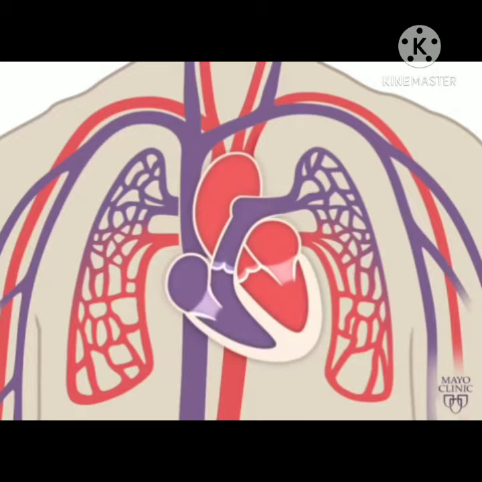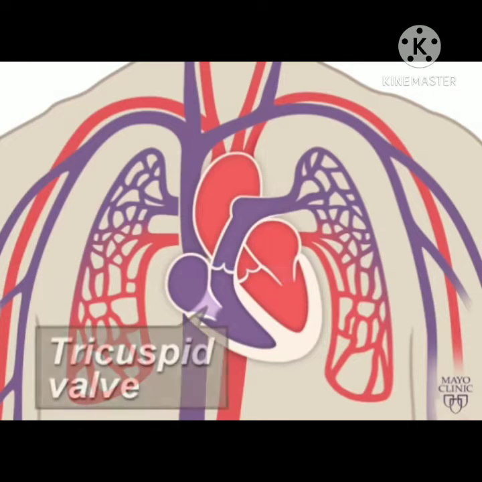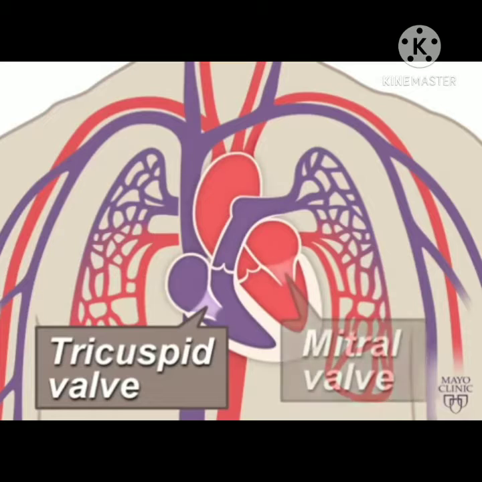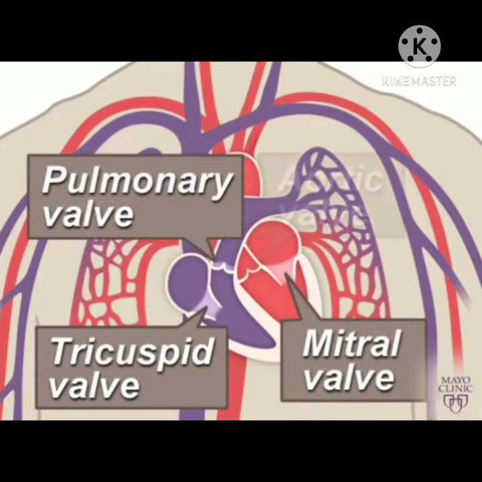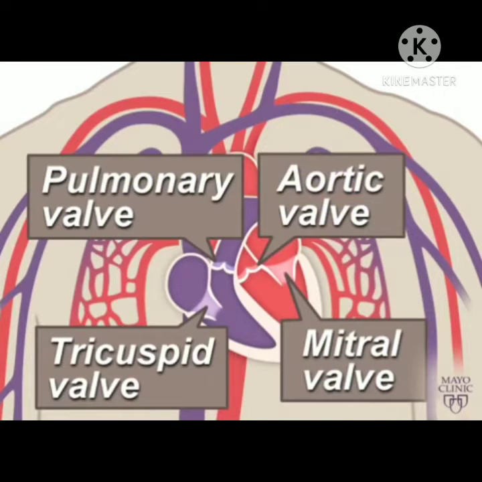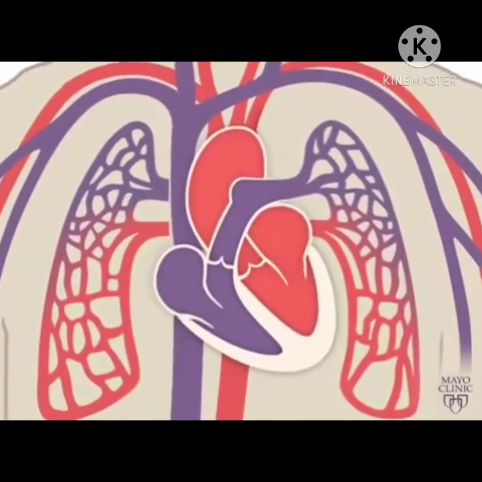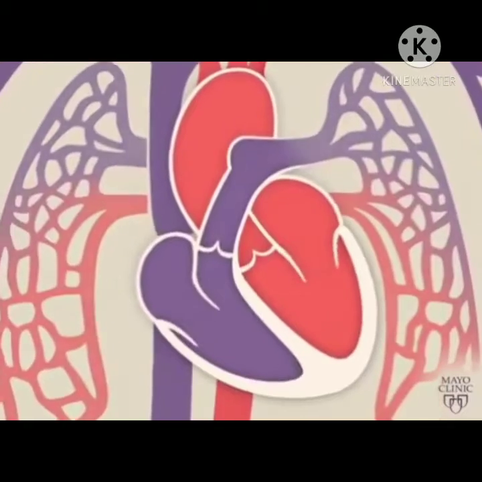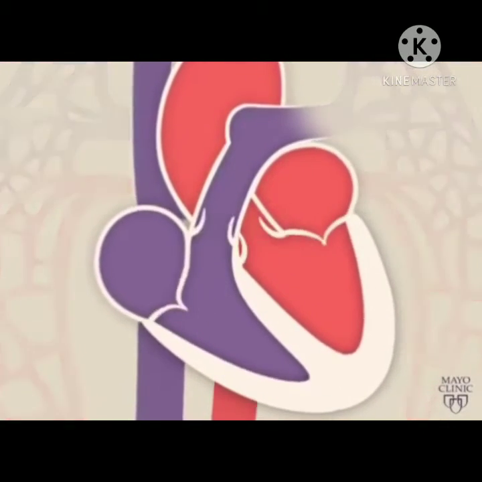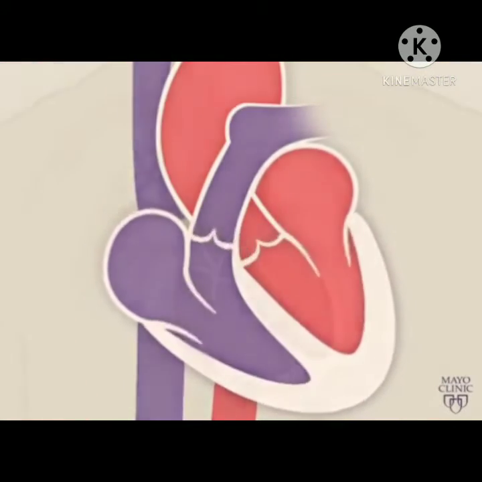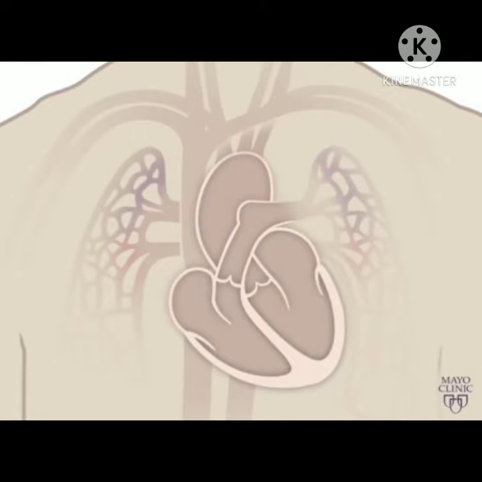4 valves within your heart keep your blood moving the right way. The tricuspid, mitral, pulmonary, and aortic valves work like gates on a fence. They open only one way and only when pushed on. Each valve opens and closes once per heartbeat, or about once every second. A beating heart contracts and relaxes.